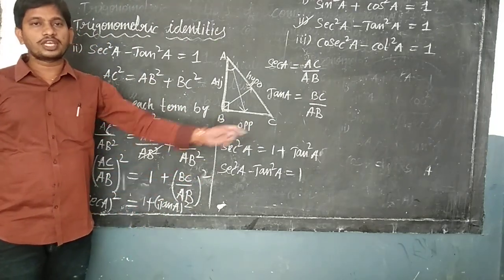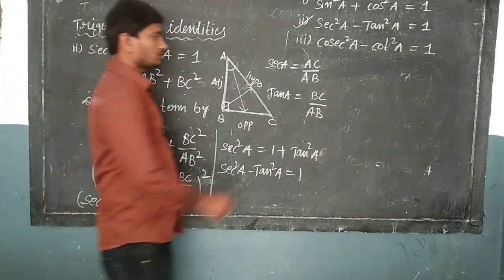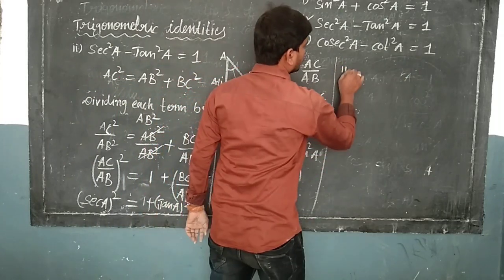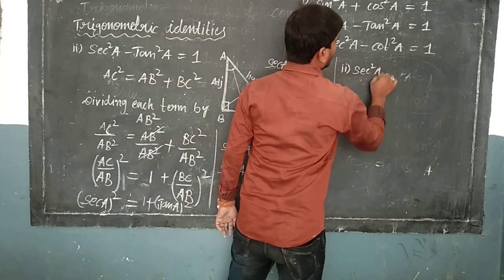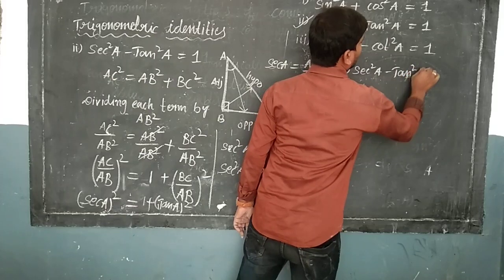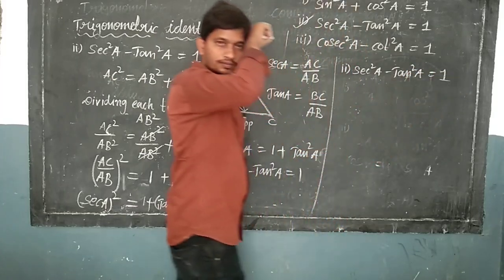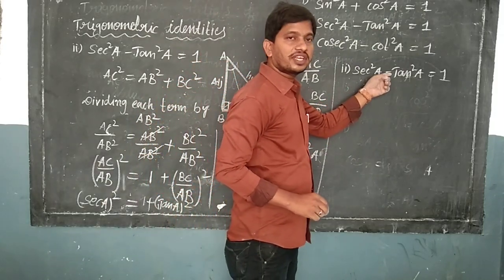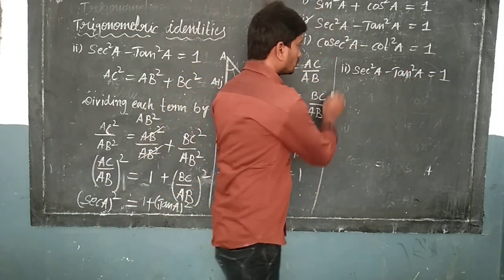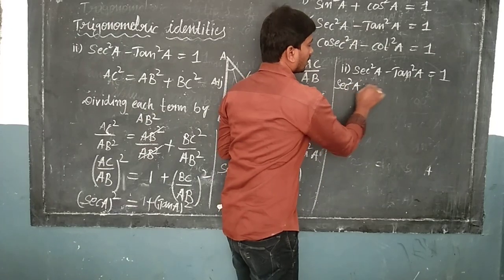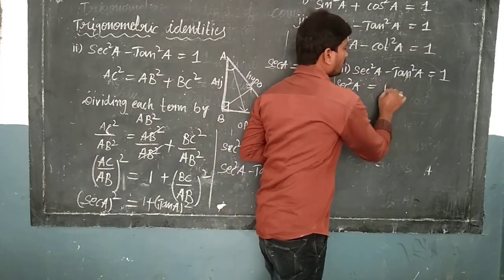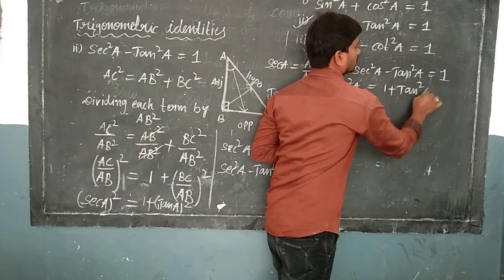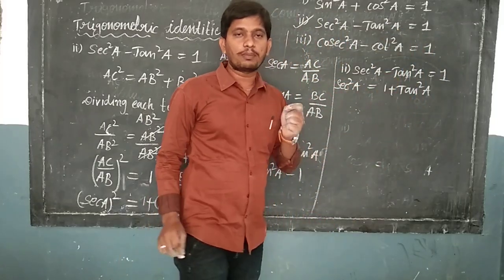Okay, from this we can also derive two more formulas. Our second identity is sec square A minus tan square A equal to 1. Now this minus tan square A transposed, so sec square A I can write as 1 plus tan square A. What is the formula of sec square A?